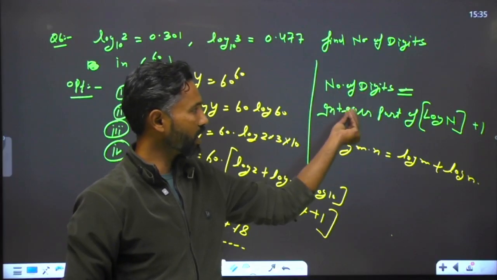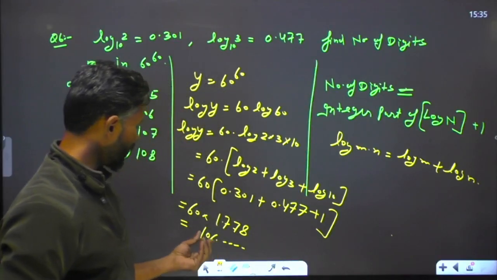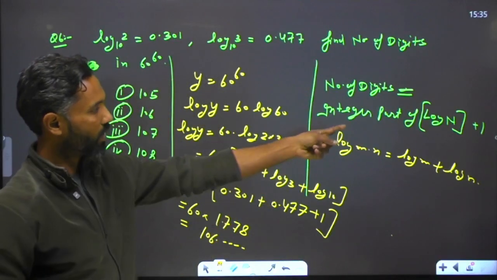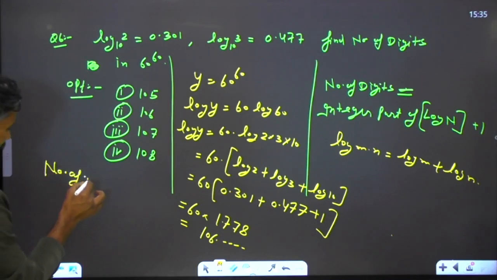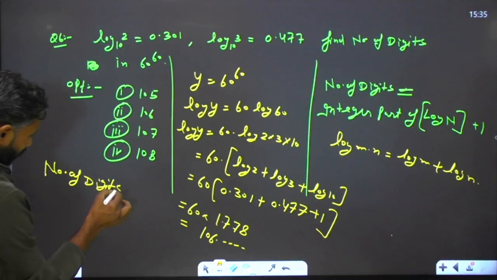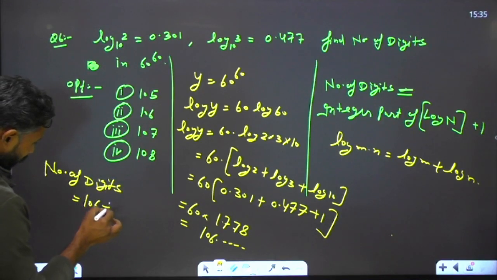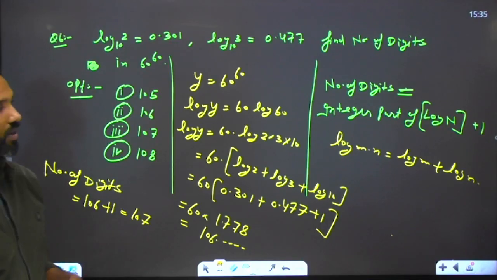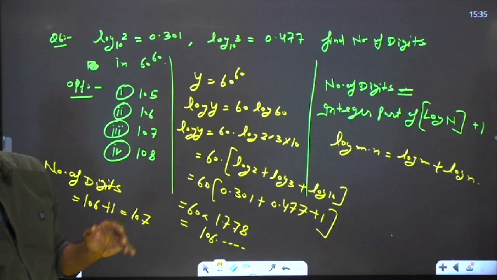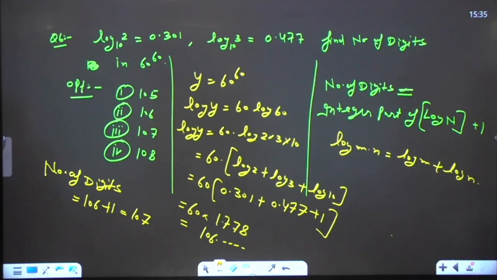The total number of digits is the integer part of log, so the integer part is 106, plus 1. So the number of digits will be 106 plus 1. So the answer is 107. Understand that? This was a very interesting question from the CDS 2025 question paper.